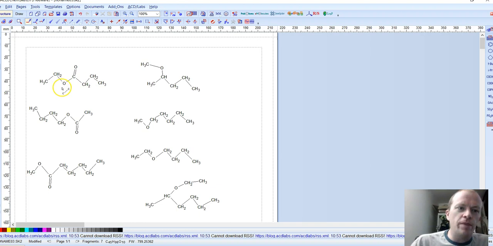So, methyl, 1, 2, 3, 4, butanoate. Let's just double check that with our naming checker here. Did I say methyl? I think I did say methyl, but there's two carbons, so it would be ethyl. Sorry about that. Okay, so here we have 1, 2, 3, 4, and here's the oxygen.